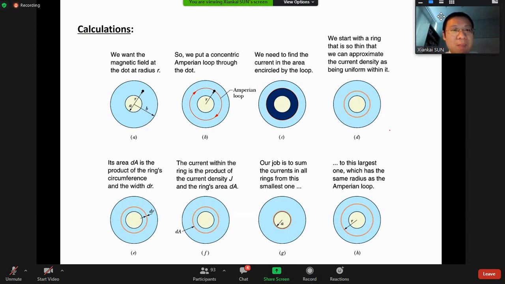We want to find the magnetic field at the dot at the radius r. Then we put a concentric Ampere loop through this dot. So this is the Ampere loop. At this moment, you can define the direction of the Ampere loop, either clockwise or counterclockwise, doesn't matter. So in this case, we defined it clockwise.